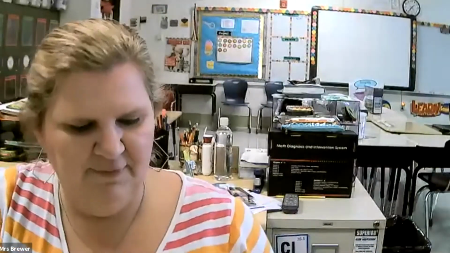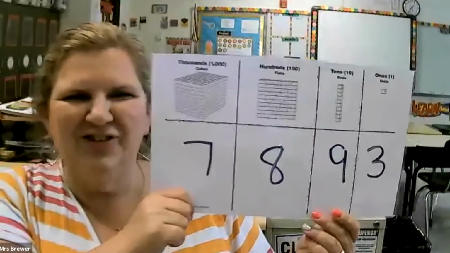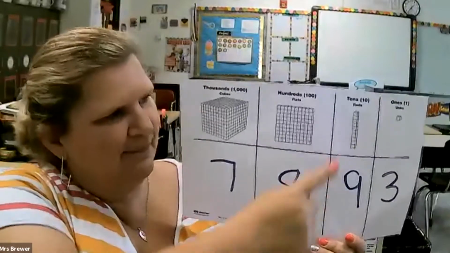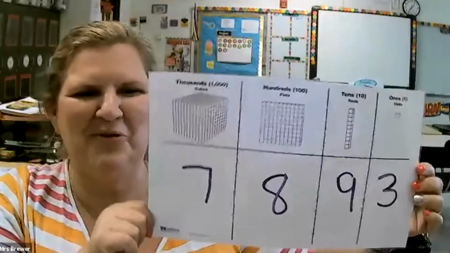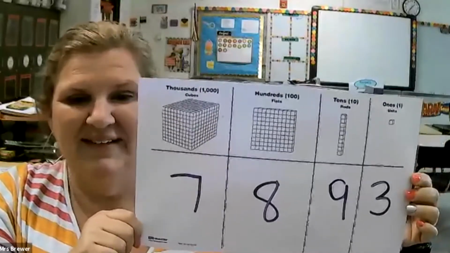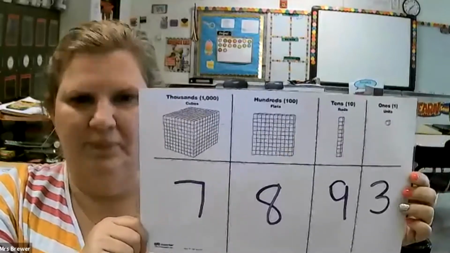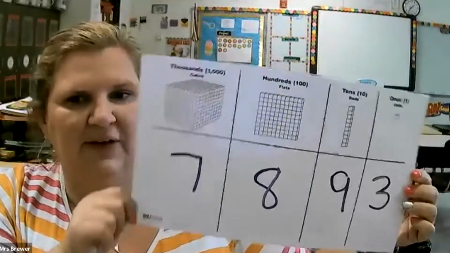Well, when I go to my place value mat here, it tells me no, it's really not just a 9. It's what? 9 what? 9 tens. And what is 9 tens equal to? I can't get this straight for some reason, boys and girls, today. 9 tens is equal to what? You're right, 90.